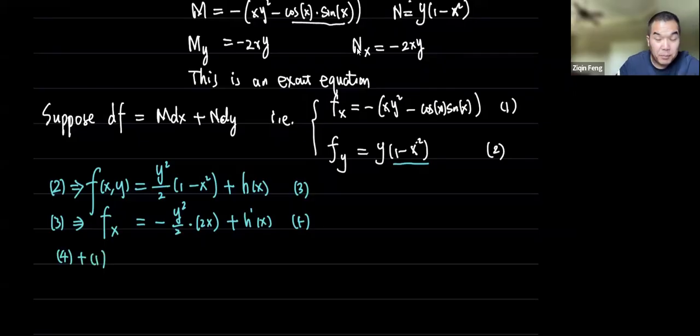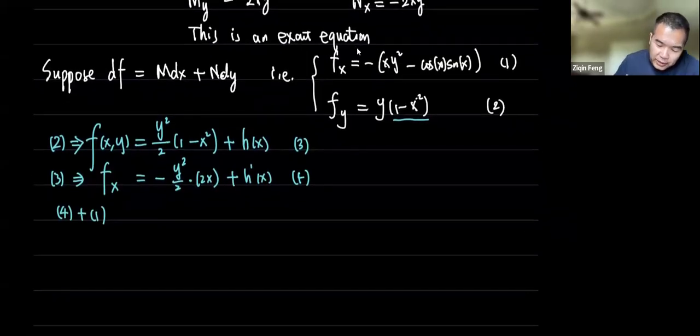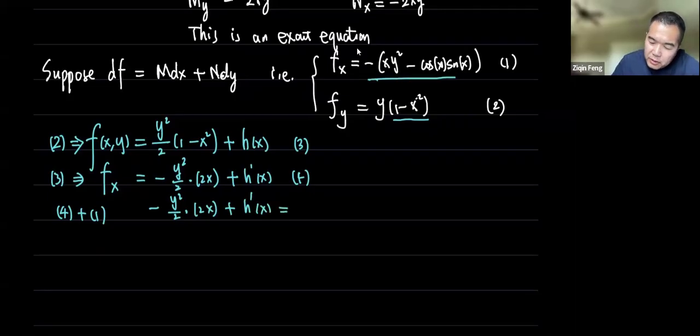So equation 4 and equation 1, both are about the derivative of f about x, right? So you get negative y squared over 2 times 2x plus h prime of x equal to, let's distribute the negative, right? Negative xy squared plus cosine of x sine of x. Now you compare both sides, the terms containing y will be cancelled.